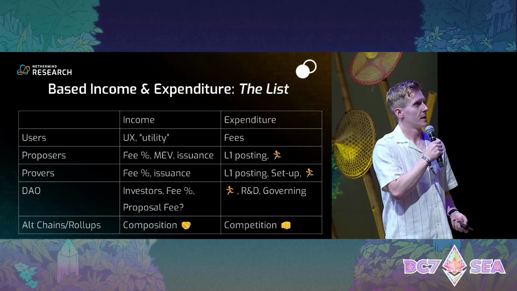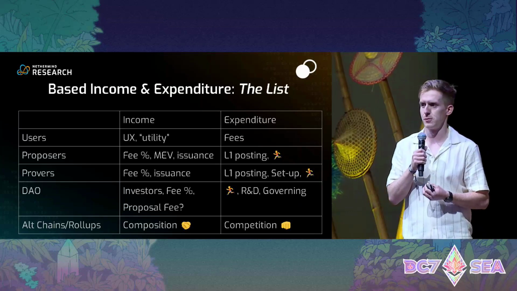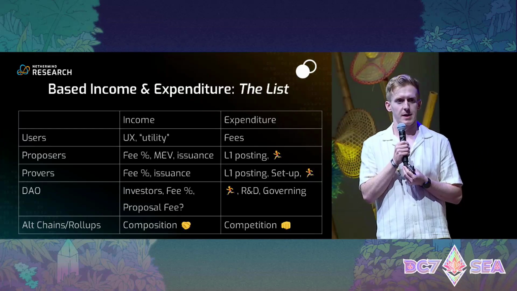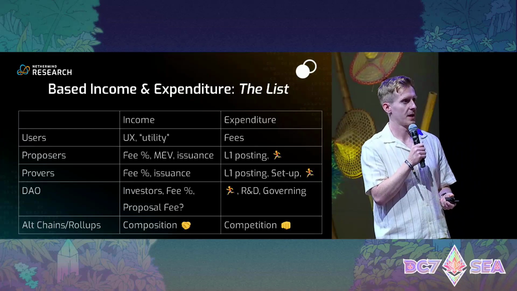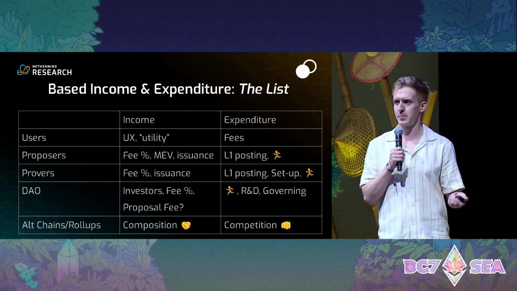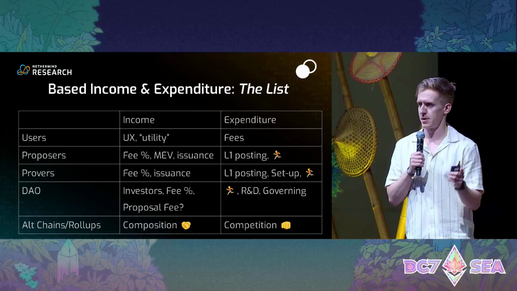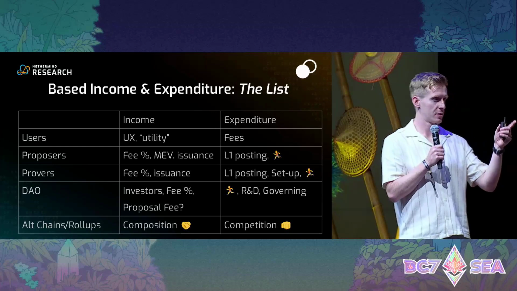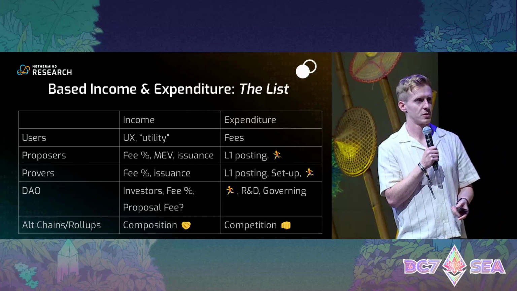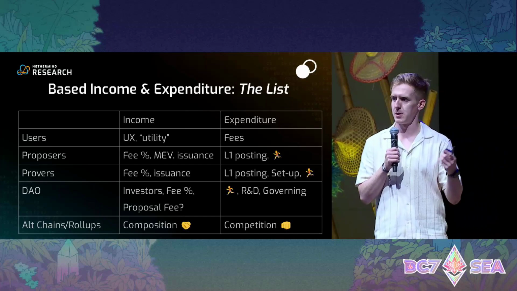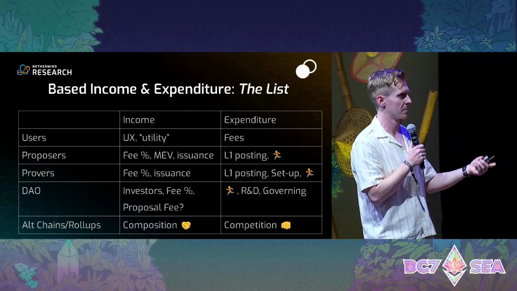Okay, so here's the list, right? There's no real model as such. It's just a list. You have to sum up all of these components that you have in your base rollup and check, is the left-hand side greater than the right-hand side? And again, there are multiple players in the system. So when we're thinking about base rollup revenue, we have to look at it player by player.